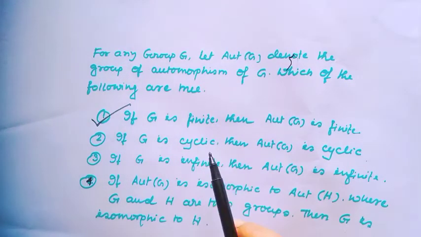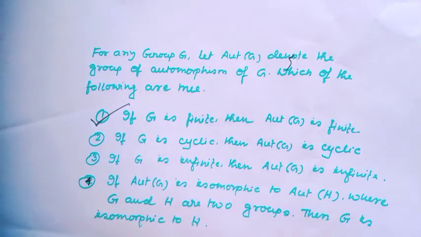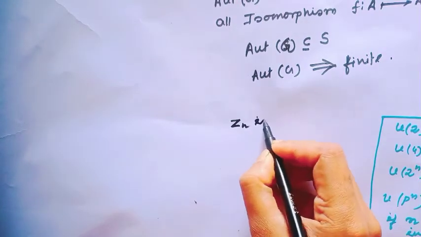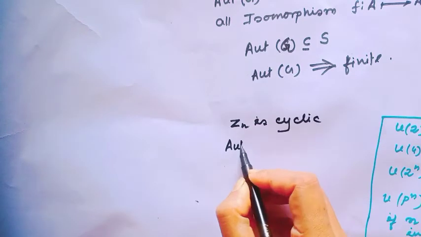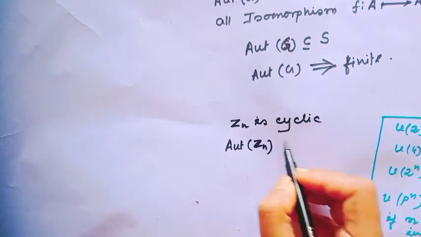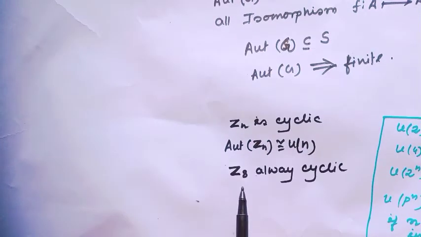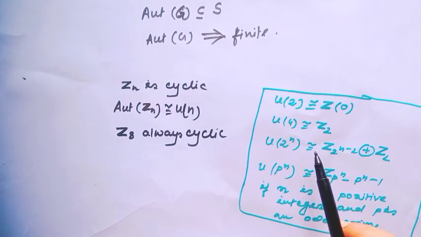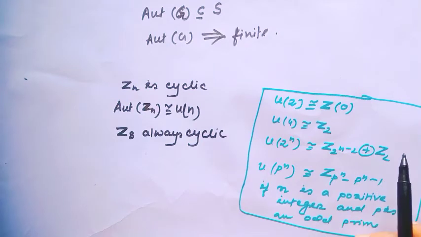The second option is: if G is cyclic, then Aut(G) is cyclic. We all know Zn is a cyclic group. And Aut(Zn) is isomorphic to Un. That means Z8 will always be a cyclic group. And I have seen in my previous video, U(2^n) is isomorphic to Z(2^(n-2)) direct product Z2.